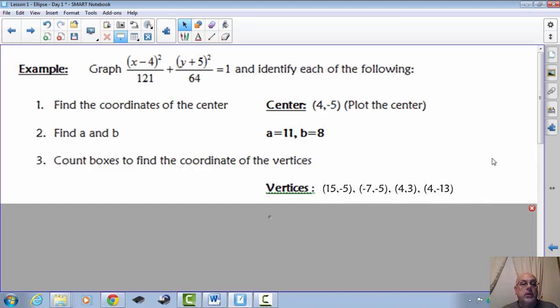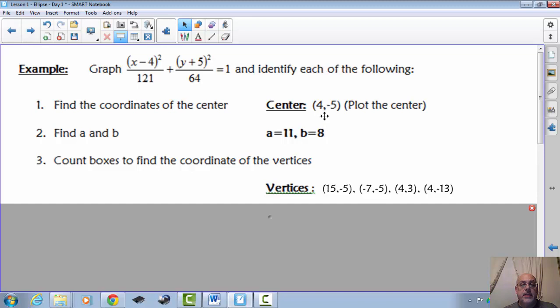So I talked about how to do that. You start at the center, and for the A, you count left 11 boxes, and the coordinates of that is (-7, -5). Then you start at the center again. You count to the right 11 boxes, and that gives you (15, -5).